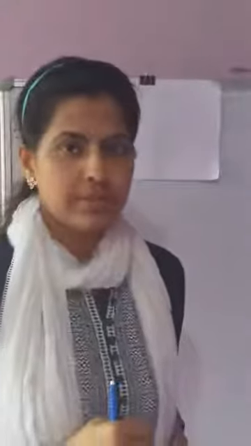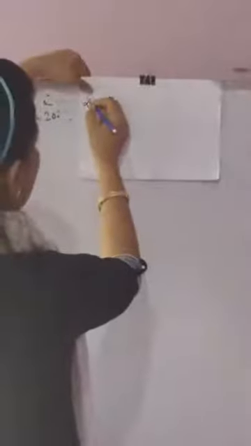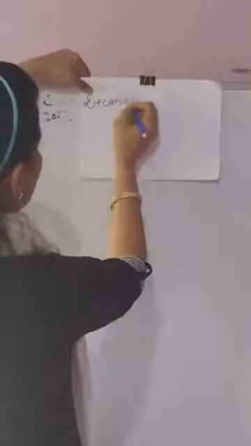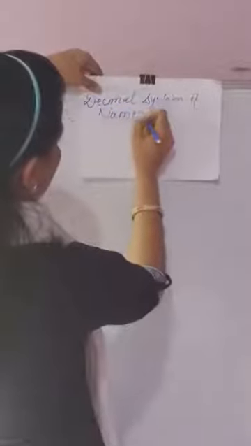I want to say that in class 5, you have to learn two different concepts of number names. Whatever you have learned till class 4 is called the decimal system of numeration.